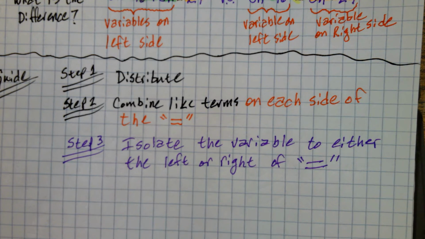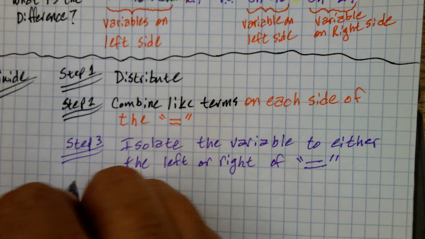We're going to look at variables on both sides and we're going to say, okay, we're going to get rid of the one on the right, or we're going to get rid of the one on the left. And I'll show you how to do that. Any questions? The next two steps are things we've been doing before. Step 4 used to be step 3.